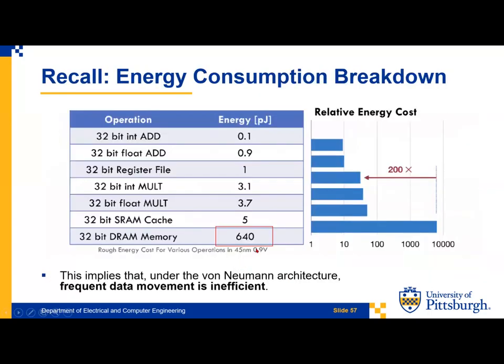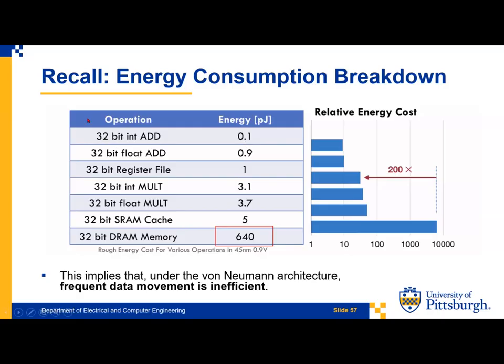Okay, so in this way, yeah, remember at the beginning of this course, we showed this slide. The memory movement consumes a lot of energy, right? Because if you need to move data from the DRAM, it consumes a lot of energy, because the processor and the DRAM are two different chips.